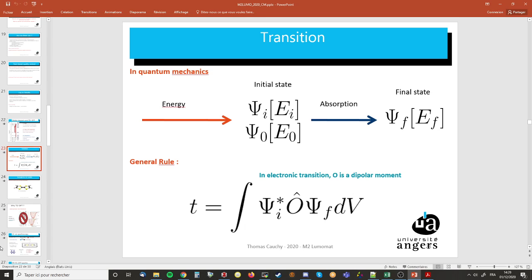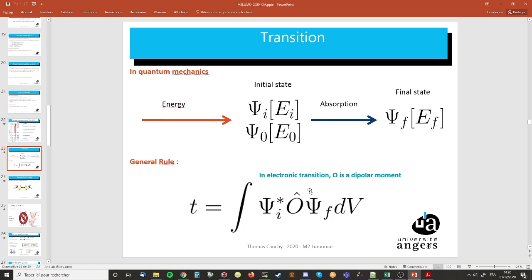So we have a selection rule that means that the transition depends on an initial state, psi i, a final state, psi f, and a dipole moment. Psi i is the electronic function that represents the electron. Psi f is the final function where the excited electron is.